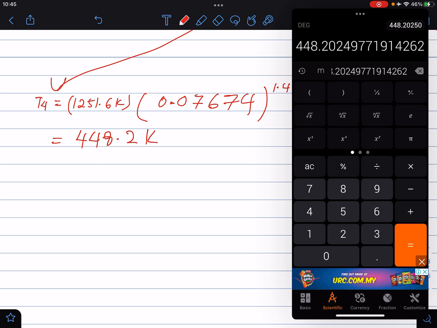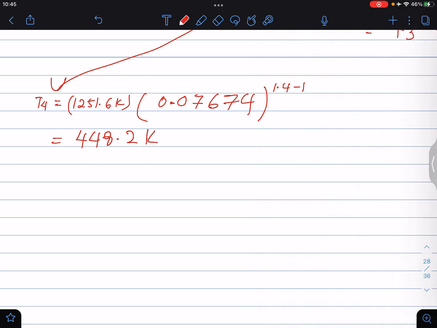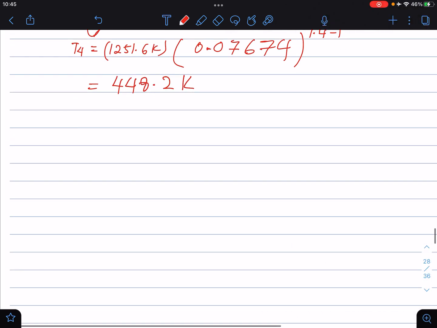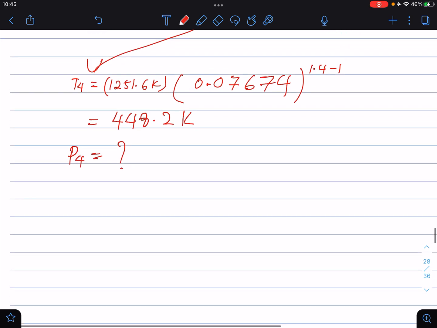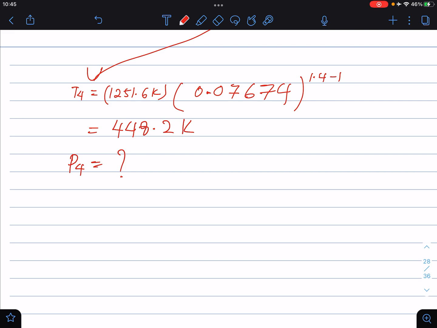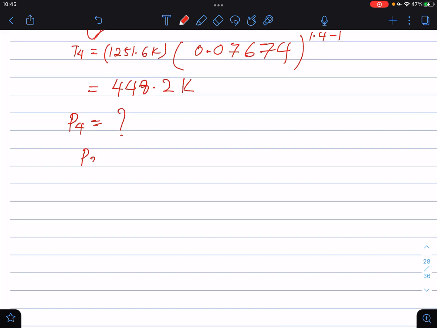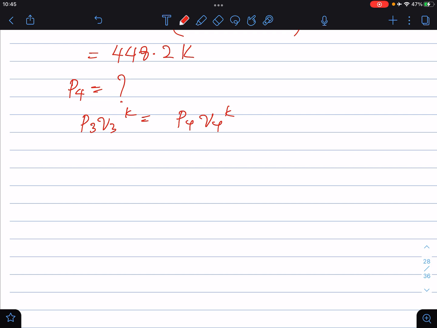448.2 Kelvin. And then the last one is to get a pressure at state 4, P4. Okay, I also relate with the previous equation. P3 V3 power of K equal to P4 V4 power of K. So you can use or rearrange back the equation.